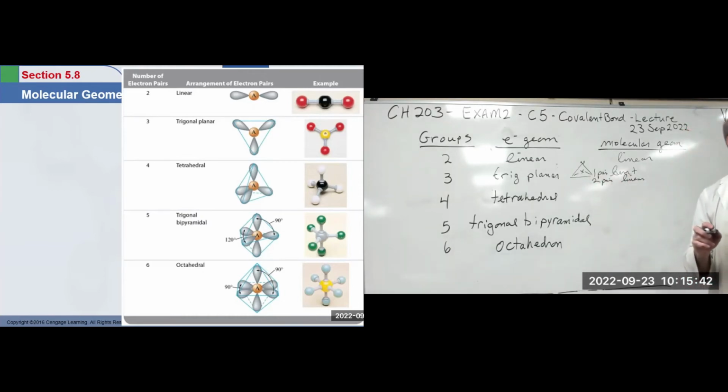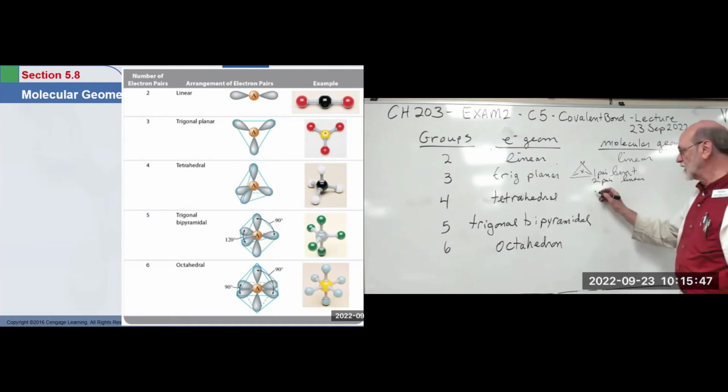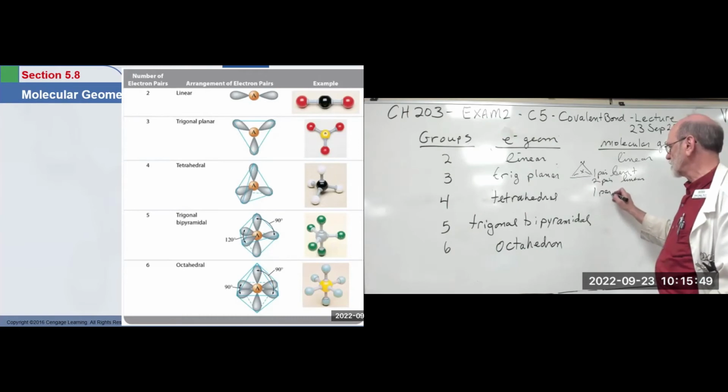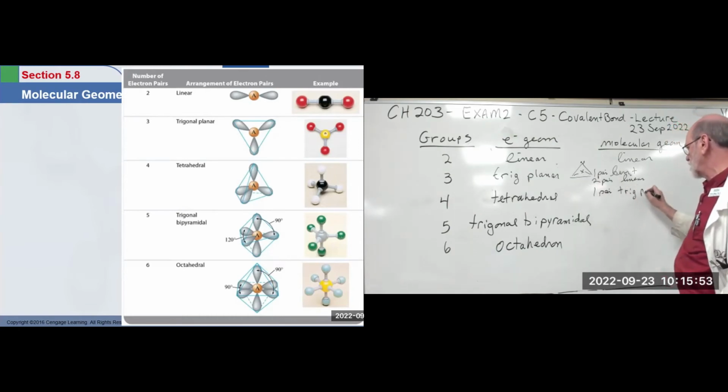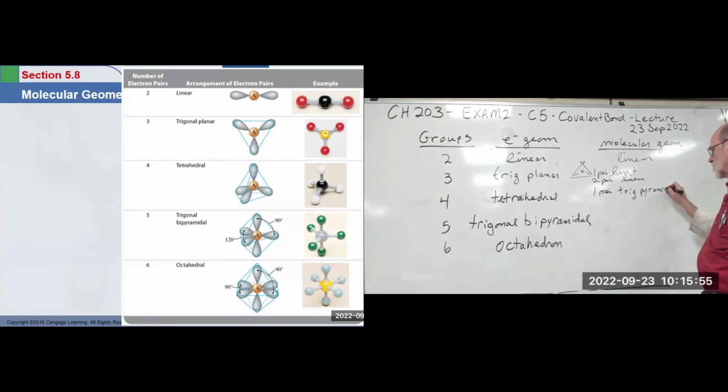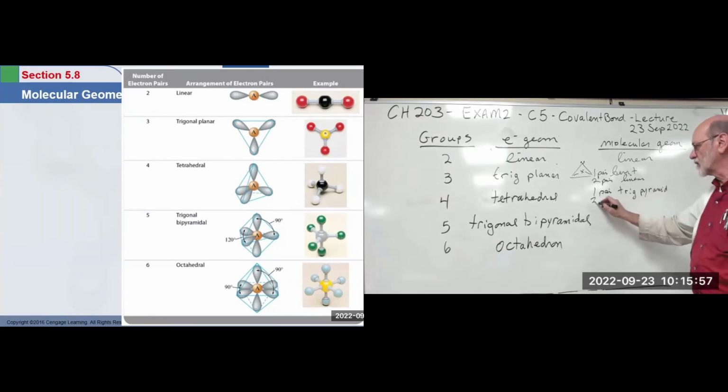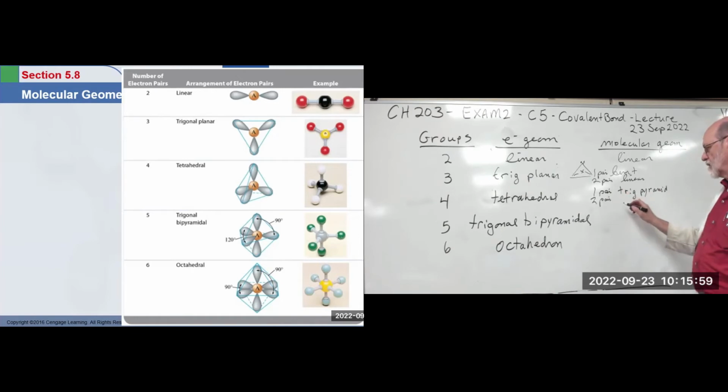Like ammonia, you have a trigonal pyramid, right? So one pair for this one is a trigonal pyramid. How about 2 lone pairs? Bent, right? Water, bent. 3 lone pairs, you're back to linear, so we won't put that one up there.